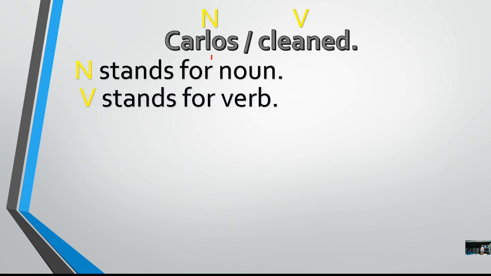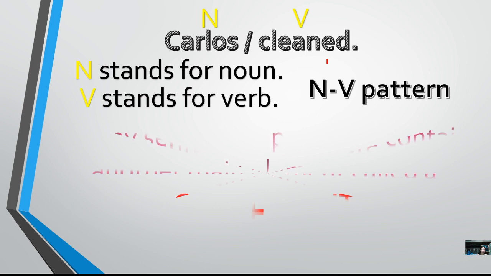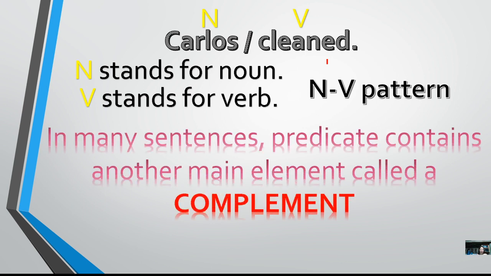A sentence that contains only a noun and a verb follows a pattern, and that is called the noun-verb pattern or the NV pattern. In many sentences, however, the predicate contains another main element, which is called a complement.